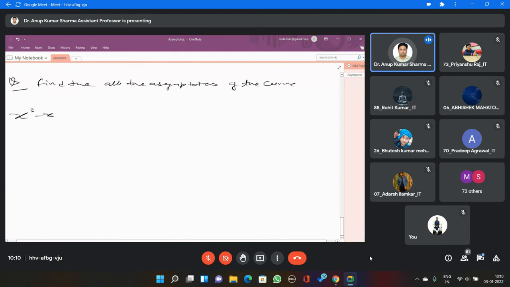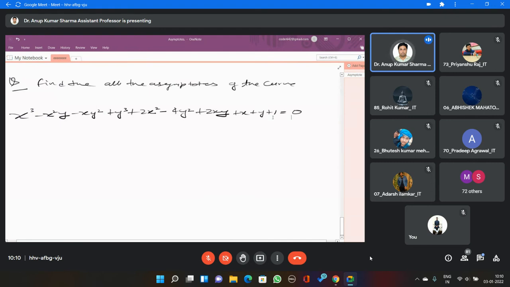X cube minus x square y minus xy square plus y cube plus 2x square minus 4y square plus 2xy plus x plus y plus 1 is equal to 0.